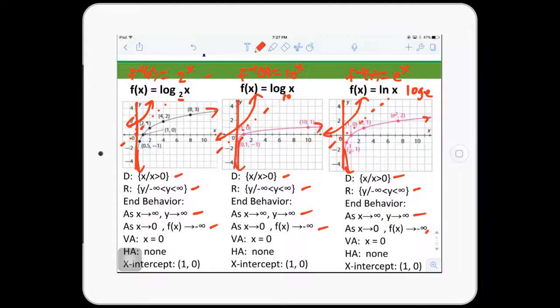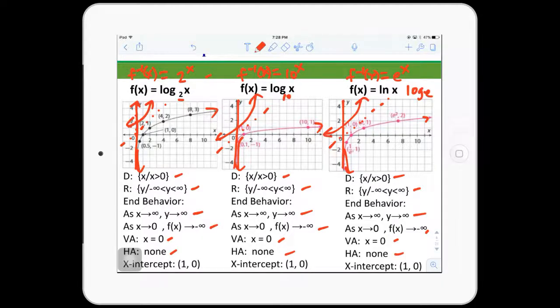And we have something called a vertical asymptote. Remember that for the exponential functions, we have a horizontal asymptote. Here we have a vertical asymptote, and that is this y-axis right here that the graph will not cross. So all of them have a vertical asymptote of x equals 0, and there are no horizontal asymptotes.